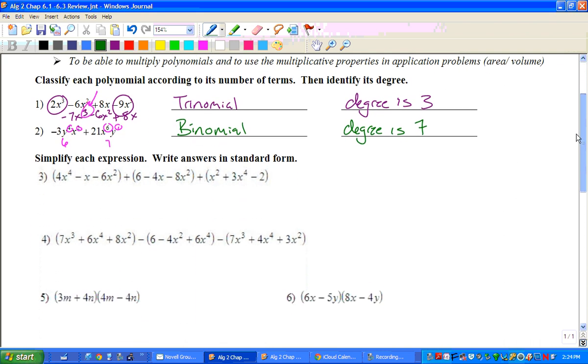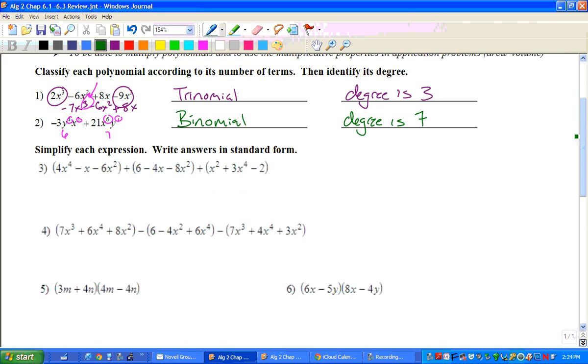Okay, number 3 says that we need to simplify each expression and to write our answers in standard form. Now, to get rid of the parentheses, we need to distribute. Now, all of these are positive, so when we distribute, we're distributing a positive 1. All of these numbers stay the same.